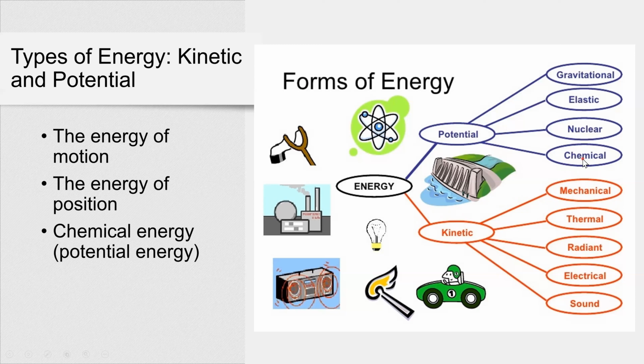So you convert this one into that. That's what your cells are constantly doing: converting energy from one type to another type, and moving this energy from one spot to another spot.